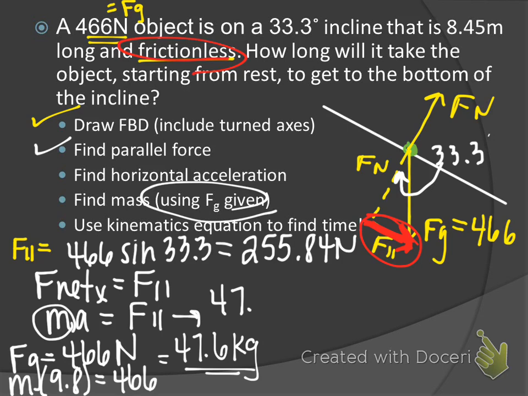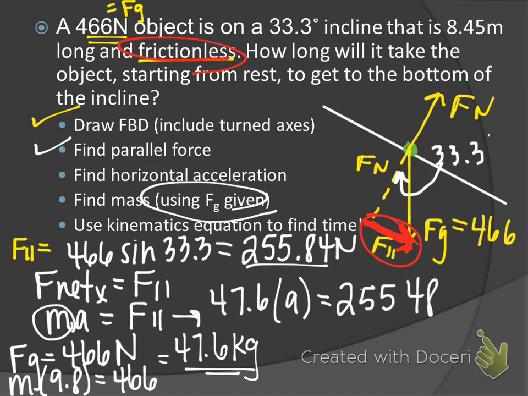So I'll take 47.6 kilograms times a equals force parallel, which we solved to be 255.84. I'll divide 255.84 by 47.6, and I'll get my acceleration equal to 5.38 meters per second squared.